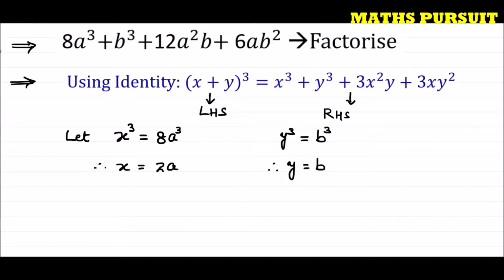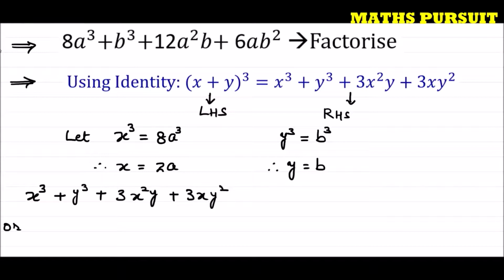And as I told you, we will be focusing on the right hand side of the identity, so let us rewrite it: x cube plus y cube plus 3x square y plus 3xy square. This is the right hand side of this identity.